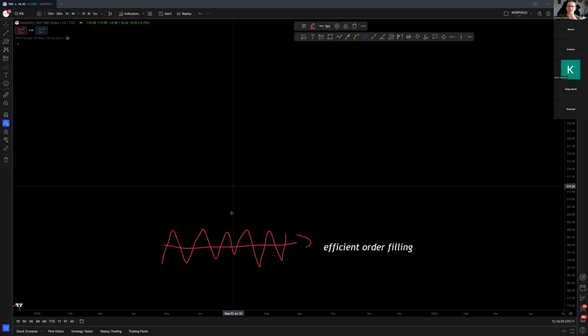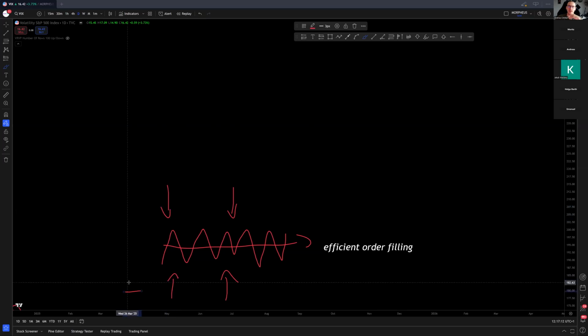Because what happens in these phases of the market is that there's, let's say, an overall equal force between aggressive sellers, aggressive buyers, passive buyers, and passive sellers.